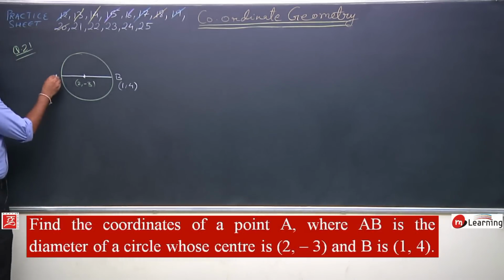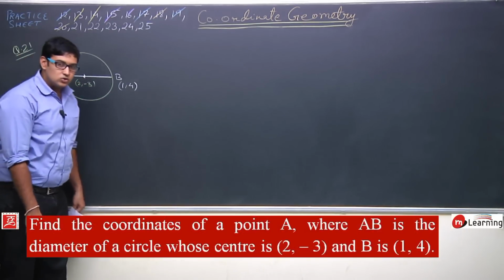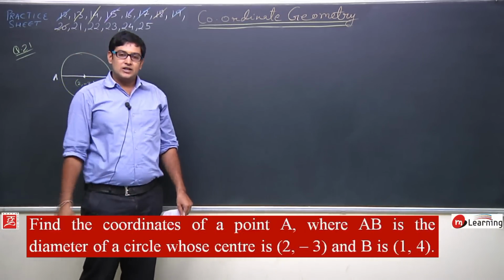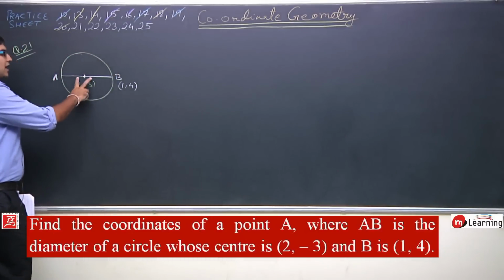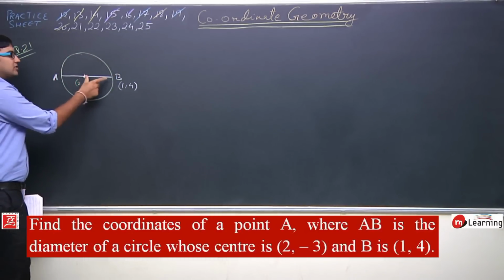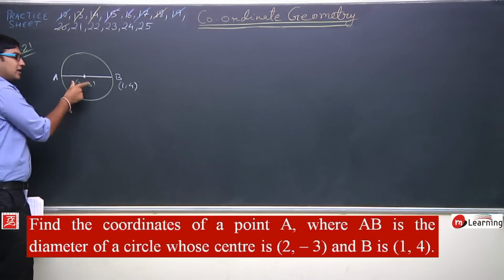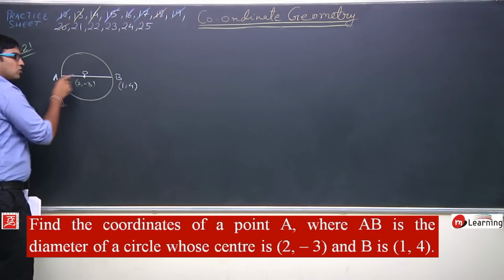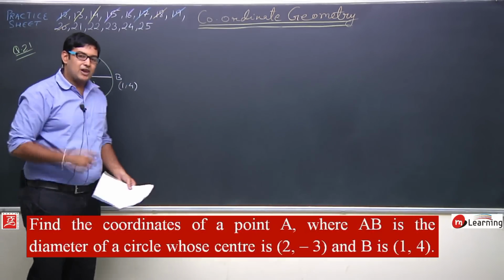Now, how to find the coordinates of A using this condition? You need to use the property of a circle. In a circle, the diameter is divided into equal parts by the center, because these two radii are equal. It means this center, let us say O, divides the diameter into two equal parts.